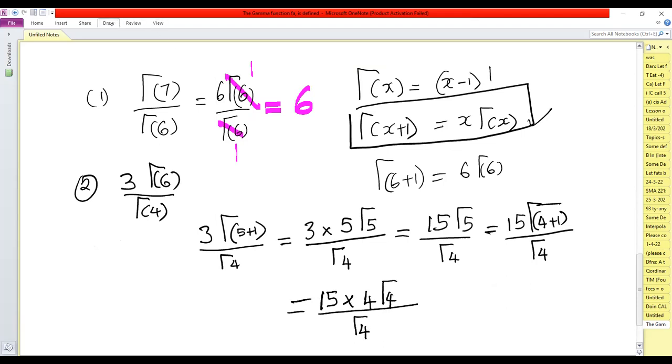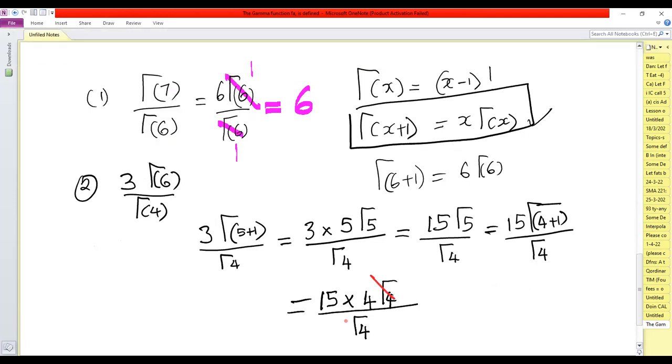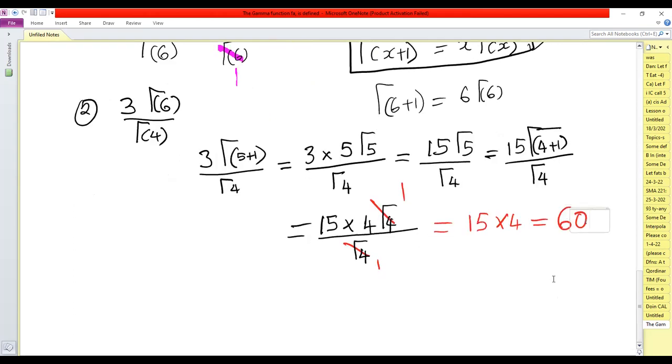Now at this point, gamma of 4 and gamma of 4 cancel out. So we have 15 multiplied by 4, and this gives us 60. Therefore, the value of 3 gamma of 6 divided by gamma of 4 is 60.